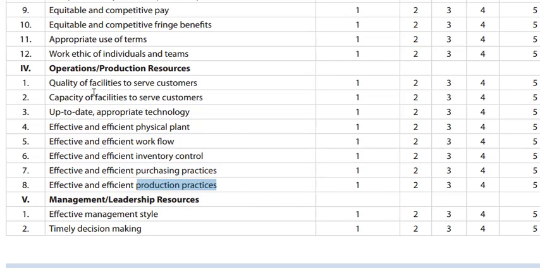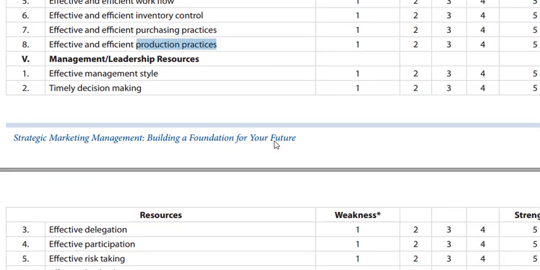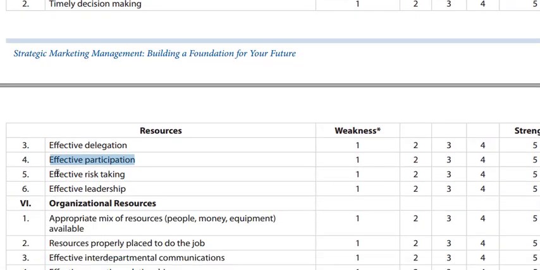After operation management, we talk about leadership inside the organization. That means we are talking about top level management, efficient management style, timely decision making, efficient delegation of tasks, effective participation, effective risk taking, and effective leadership.